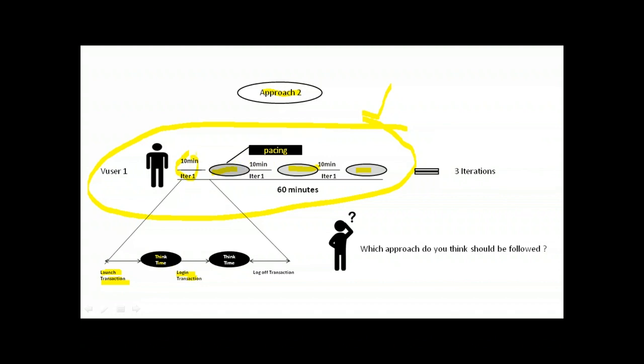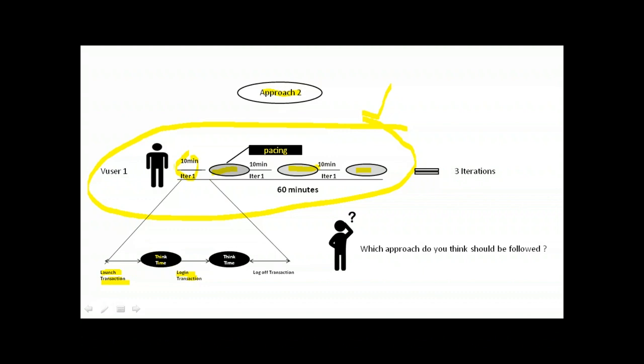In one iteration, you can have any number of think times. But pacing happens between two different iterations. You see, you have a think time, then you have a pacing. Then again you will have a think time, then you will have a pacing. So the waiting time between two different transactions is think time.